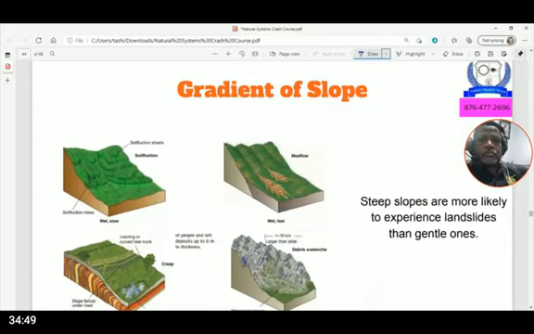So if the material is going to be falling down the slope, if it is a very steep slope, it will fall faster and more material will move. But if it is gentle, it's not going to go very far, and it will not move so quickly either. So you will have a creep happening rather than an actual slide.